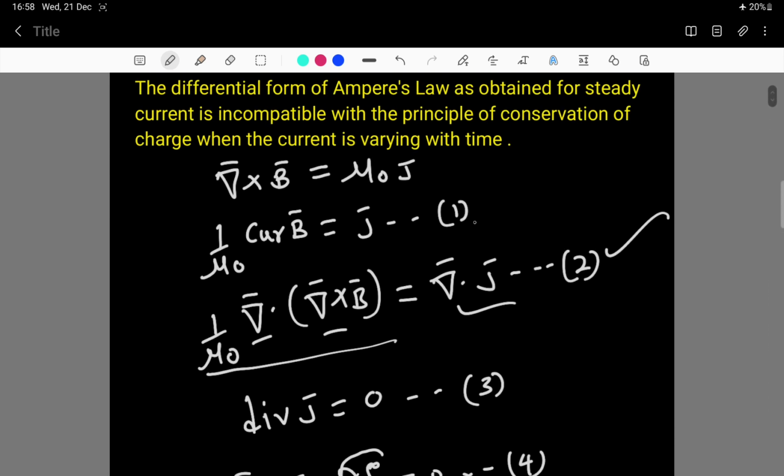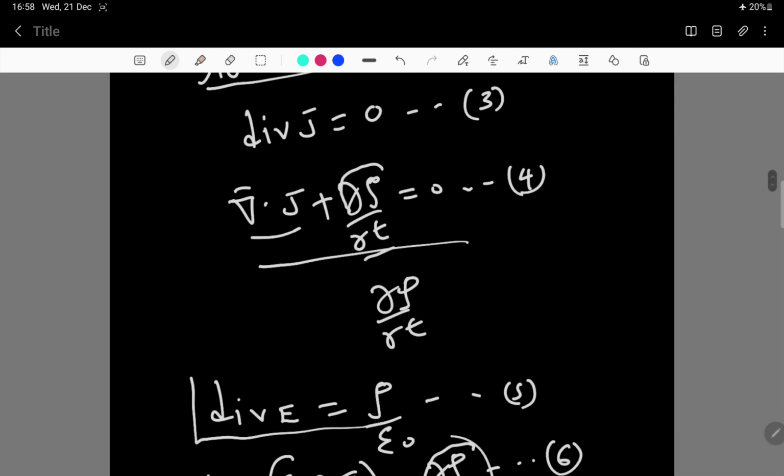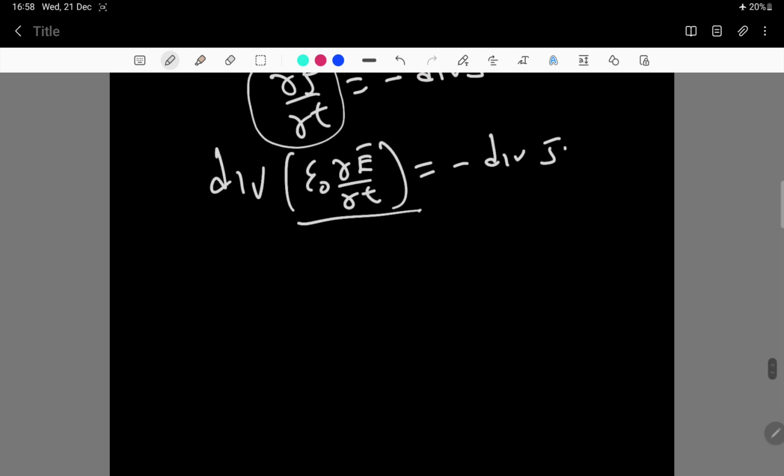Equation 1 is this one right here. If we add this component to equation 1, then it will make the divergence of equation 1 everywhere equal to 0.